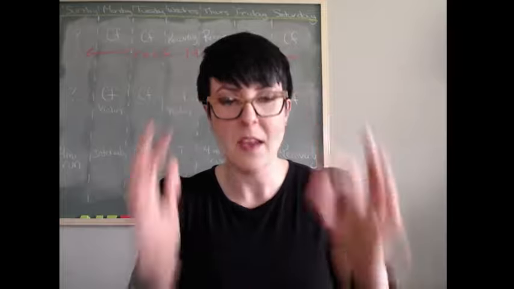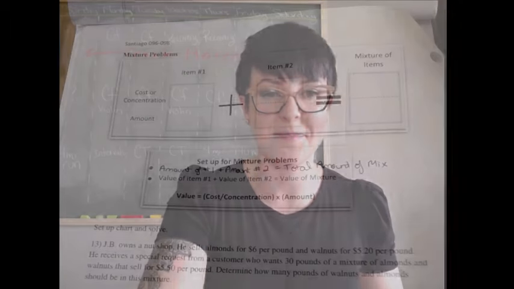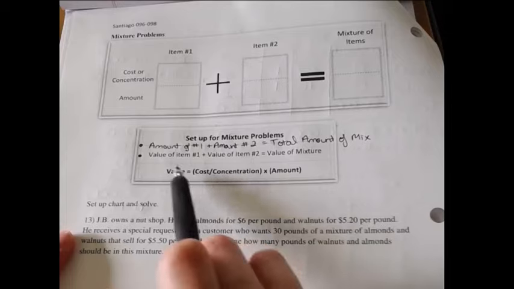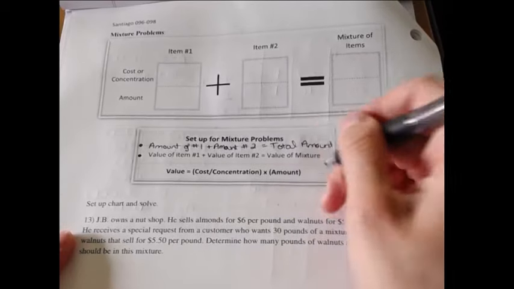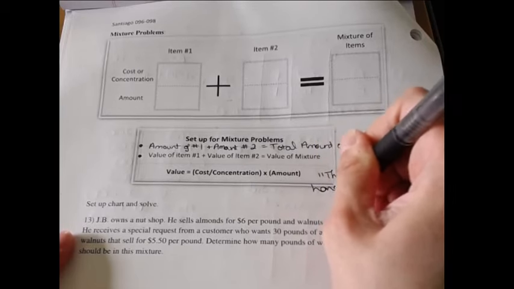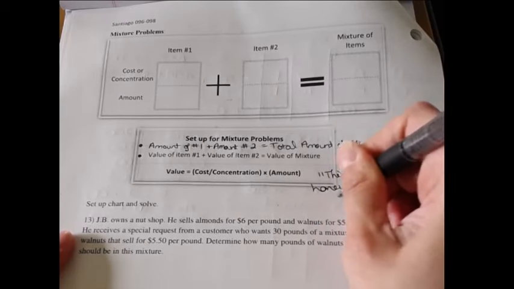So remember, value refers to cost times amount or concentration times amount. Remember that. Let's go back to the notes. I have the formula here in case you're like, huh? And I'm going to write here, think Honeycrisp apples.